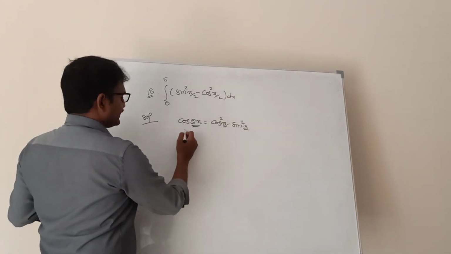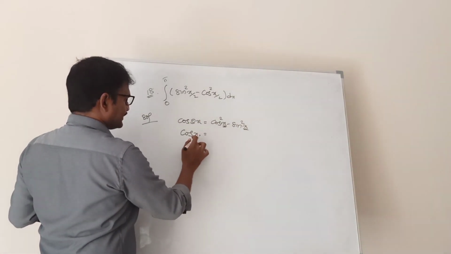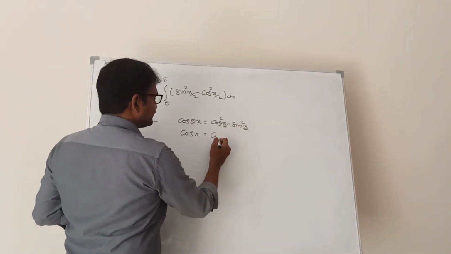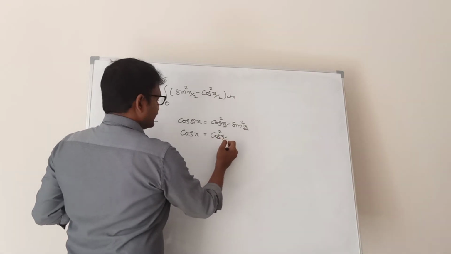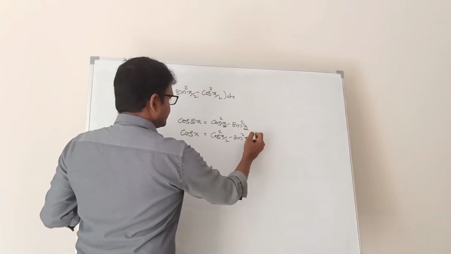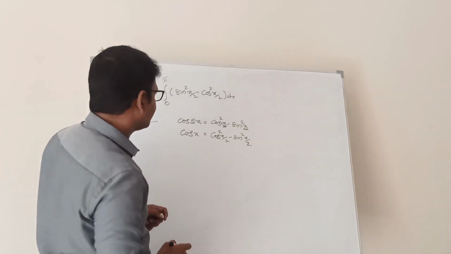So if I write x in the place of 2x, I am taking only 1x, that means half. Then this formula will become cos square x by 2 minus sin square x by 2. This is called the multiple angle formula, and this is called the submultiple angle formula in trigonometry.